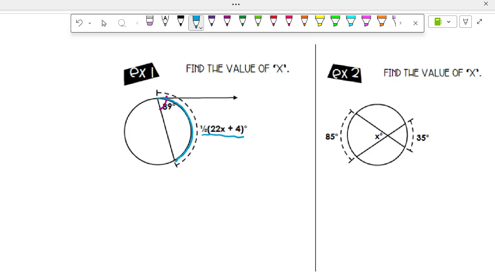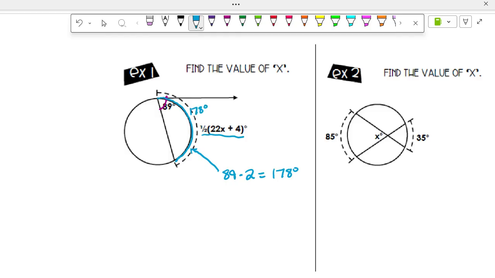Yes, you can. How? 89 times 2. So this arc is equal to 89 times 2, which is what? 178 degrees. So this arc is 178 degrees.